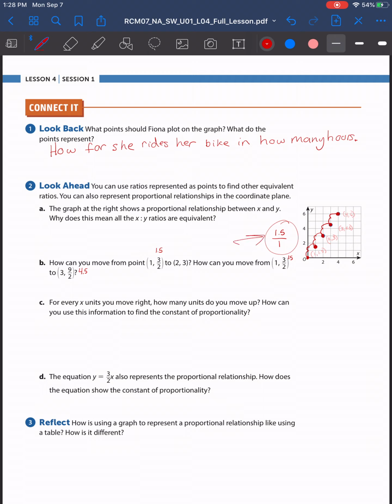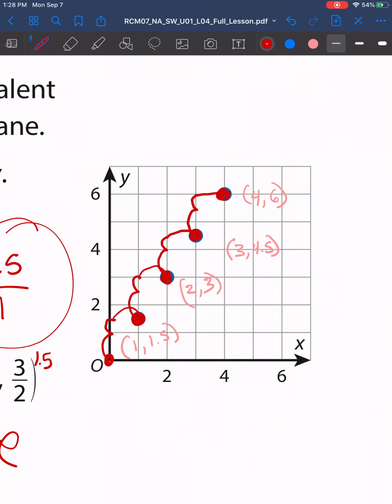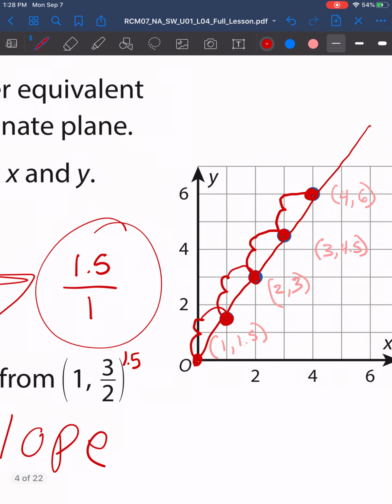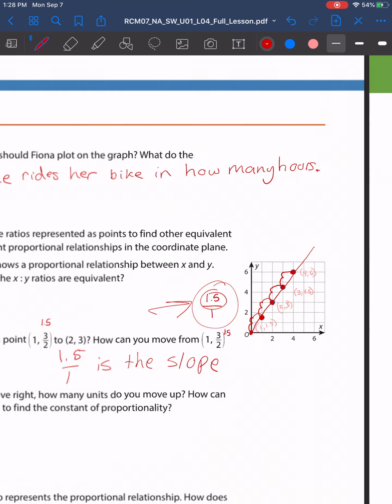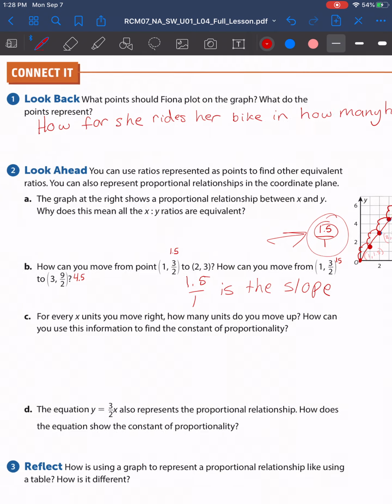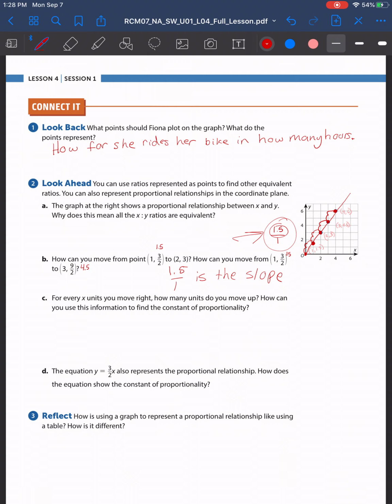We found the rise over the run. The rise over the run was 1.5 over 1. When we find rise over run, we're actually finding the slope. Slope is how steep or gradual a line is, okay? So this slope is 1.5 over 1. We could just say 1.5, obviously, right? For every x unit you move to the right, how many units do you move up?